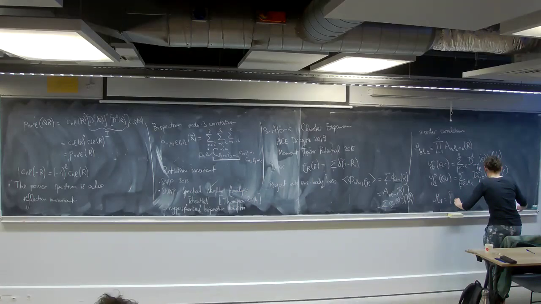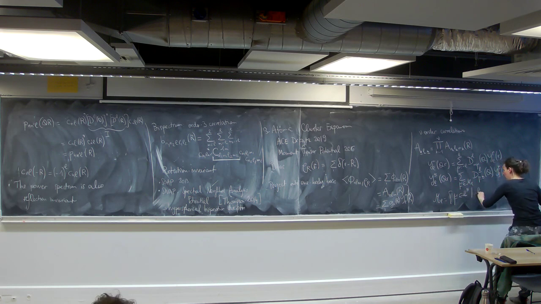And M_l here is just the set of mu in Z^n, where all the indices are between minus l_alpha and l_alpha.